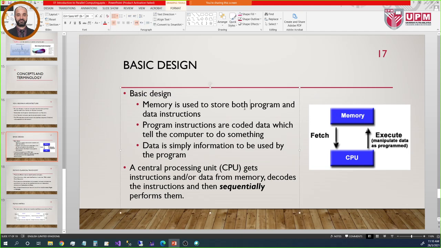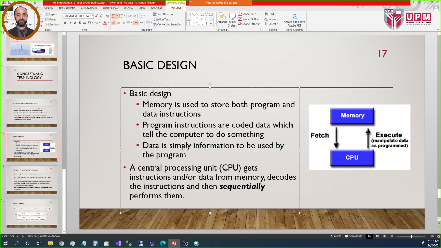When we say here program and data, we come to the program first. The program is a set of instructions that are coded data, which tell the computer to do something. So that program is about dealing with or manipulating certain data which is saved into the memory, to do some jobs.